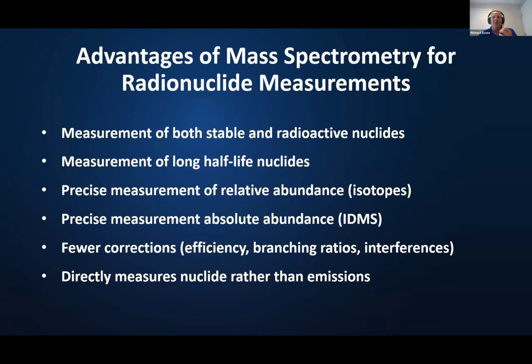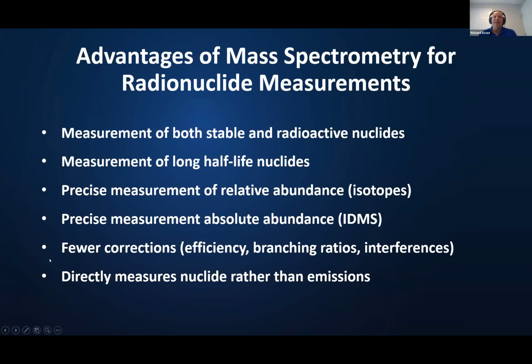Another topic might be, clearly, and we've seen examples, that it can be very useful for measurement of long half-lives, where looking at the decay over time really isn't feasible for getting a half-life value. Obviously, its primary use for multi-collectors is the precise measurement of relative abundances.